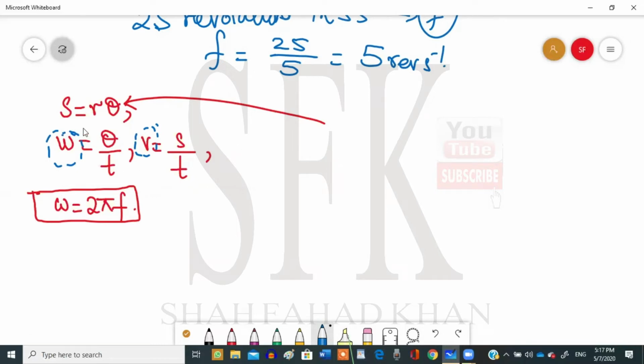Now, guys, you know that S is equal to r theta, right, from the formula above. If I divide both the sides by time, by the t, this side becomes s upon t.